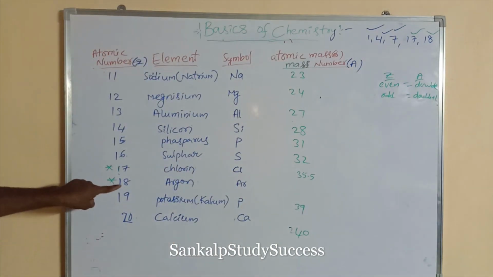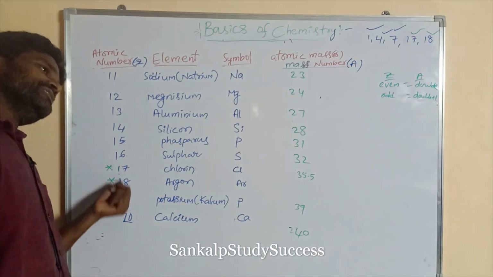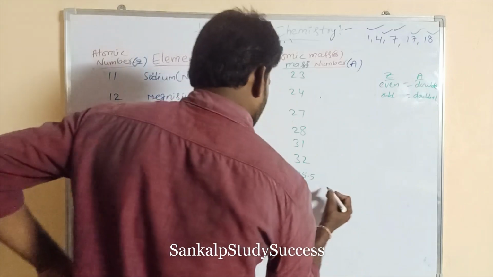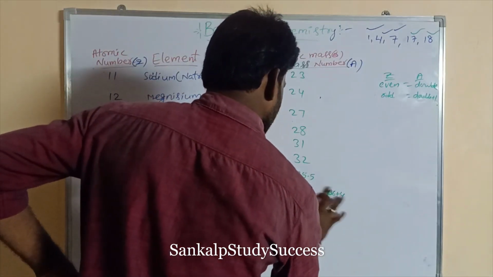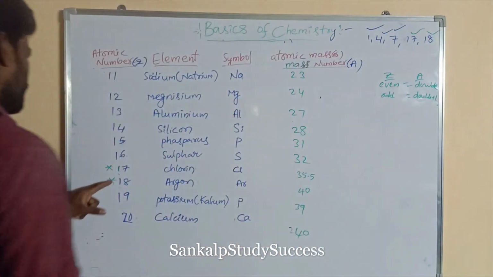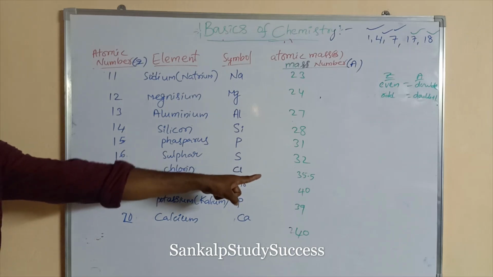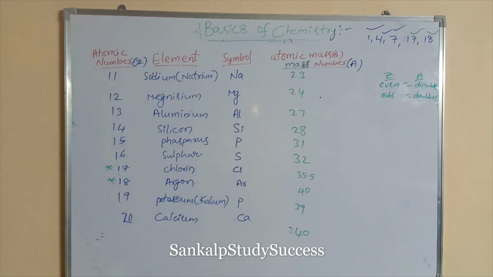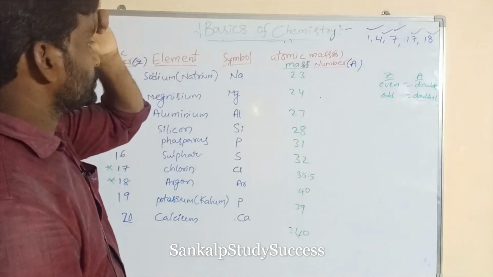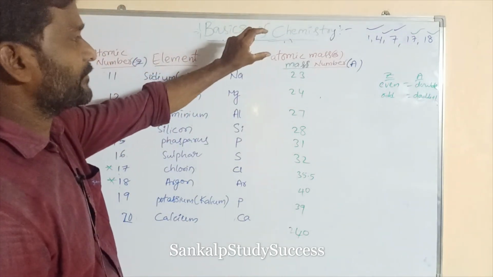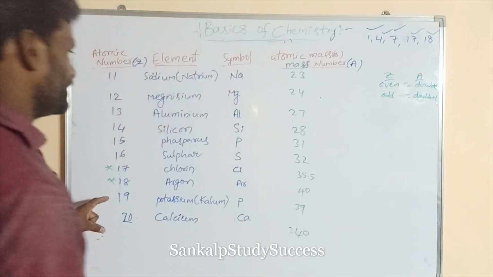And 18, generally it is the even number, so its mass number would be double, 36, plus 4, how much? 40. So remember these two elements can be identified, 35.5 and 40. This rule is used to easily identify or remember mass numbers from 1 to 20 elements, right.